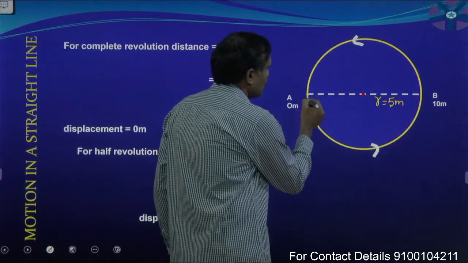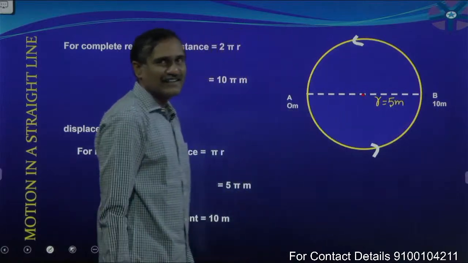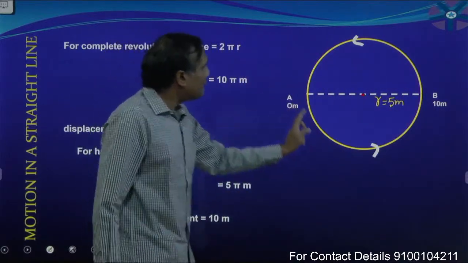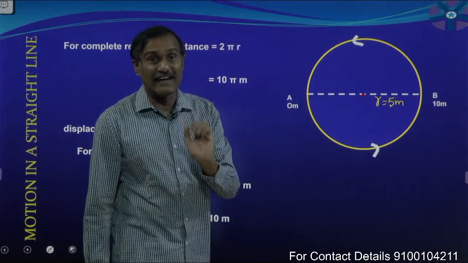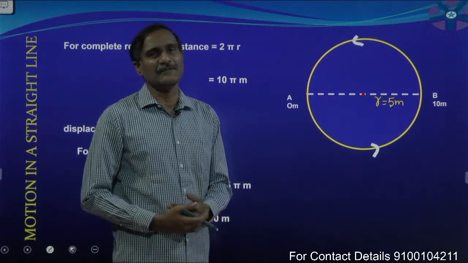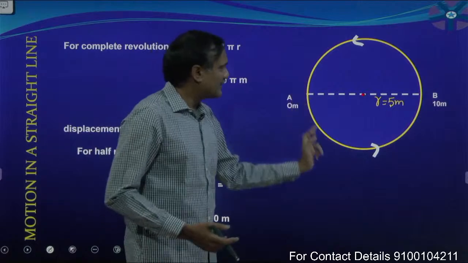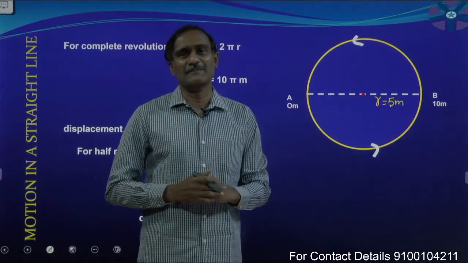The particle moves along the circumference of the circle in this manner. Now for a complete revolution, what is the distance travelled by the particle? Nothing but the path length travelled by the particle. For this complete revolution, tell me what is the path length travelled by the particle?